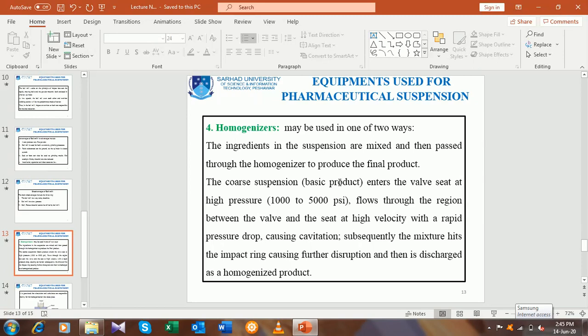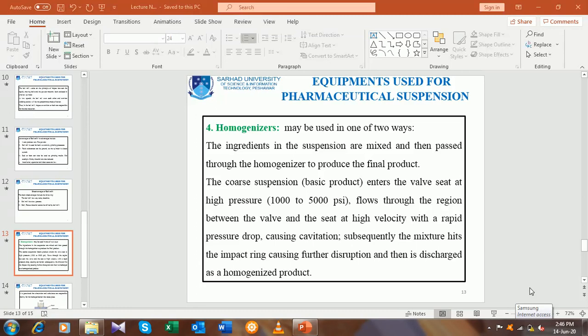And finally we discussed the homogenizer, which is utilized in pharmaceutical suspension processing, and it can be used in one of two ways.